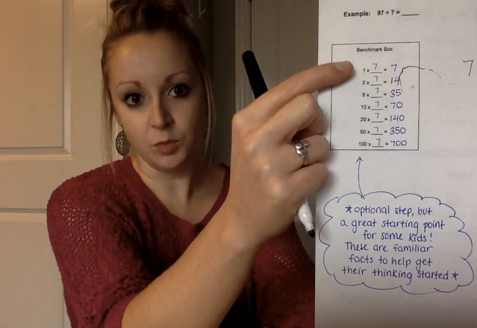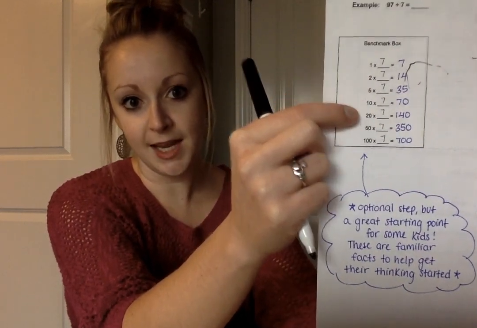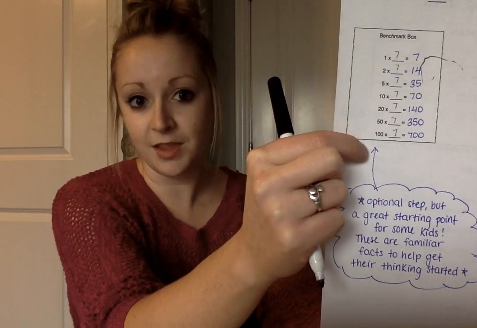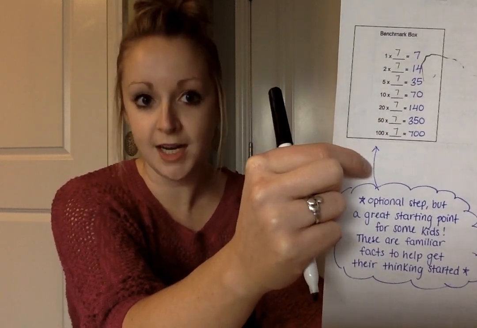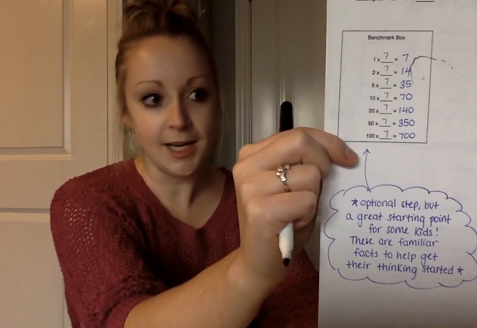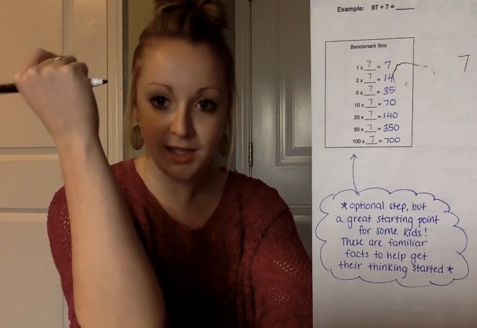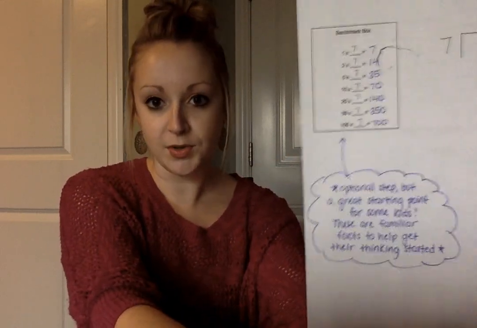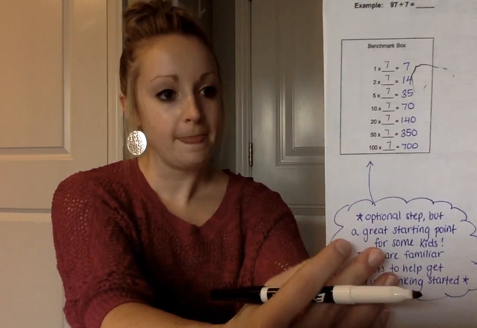So you can see there's 1, 2, 5, 10, 20, 50, 100. Depending on your number, you can even think bigger, 200, 500. These are numbers that are super friendly to multiply by. They can solve them super quickly and mentally. So you can see how important those math facts are here.